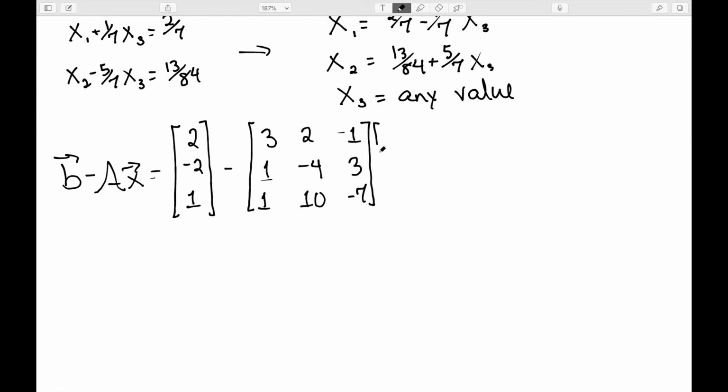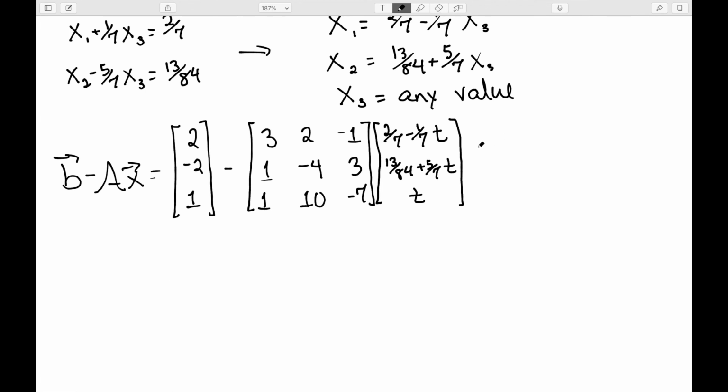Over here I have 2 over 7 minus 1 over 7 t, where I'm going to use the letter t instead of x3 just to make things a little simpler, 13 over 84 plus 5 over 7 t, and then t again for x3.